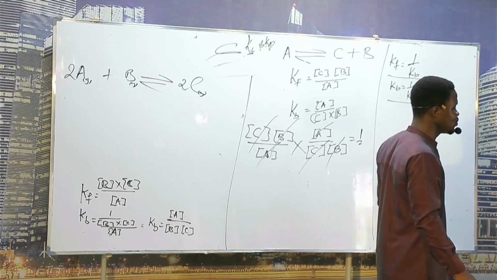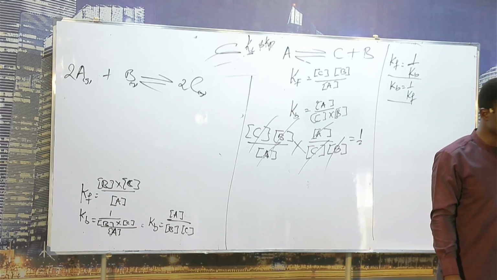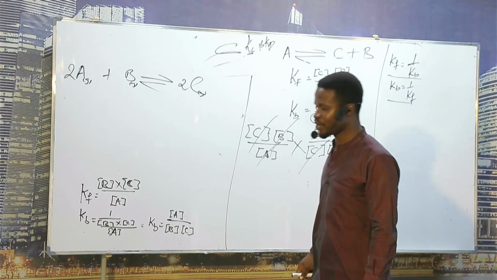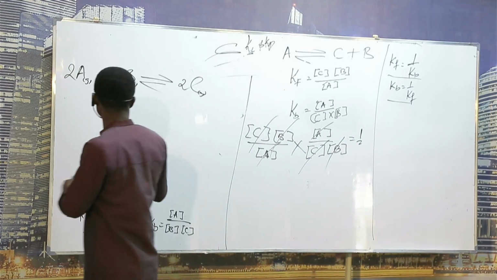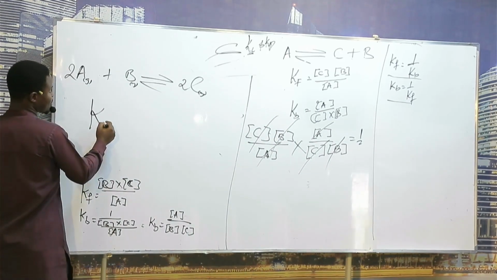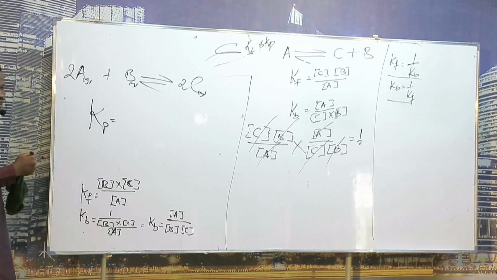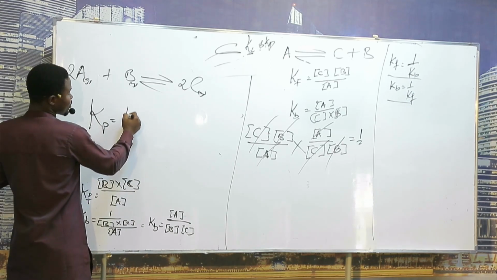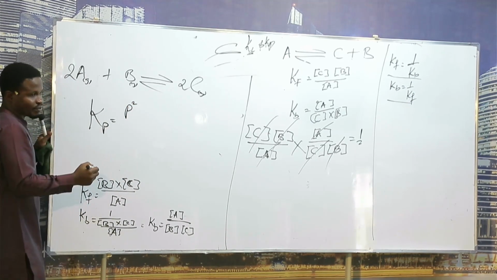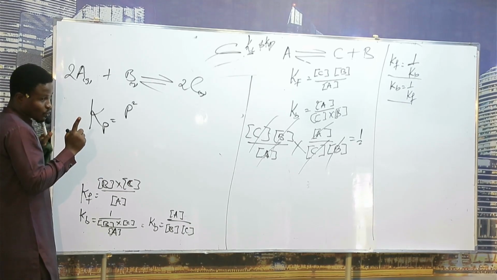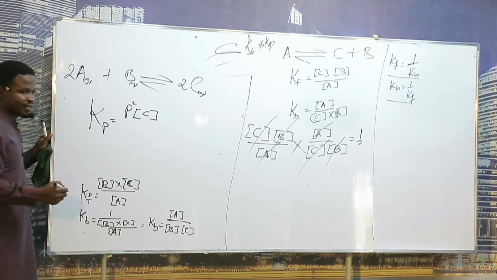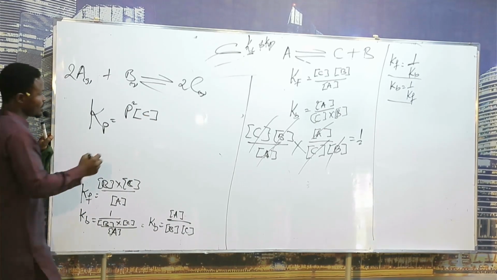So what are you going to do? You are going to write KP. The equilibrium constant in terms of partial pressure is going to be P squared of C inside.